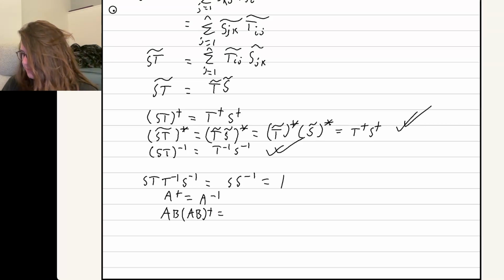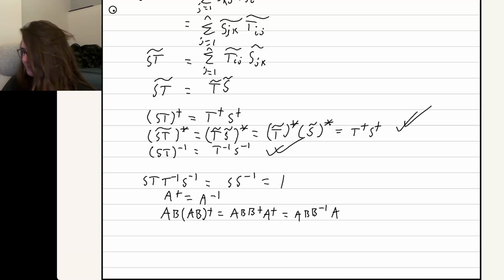We know that the Hermitian conjugate of a product of two matrices is going to be the Hermitian conjugate of the second times the Hermitian conjugate of the first. But then, since they're unitary, these are going to be equivalent to inverses.